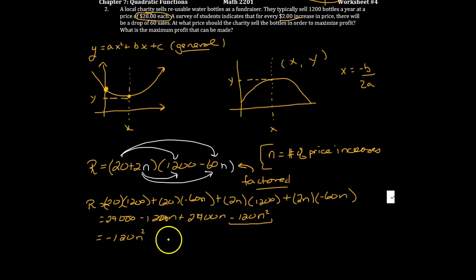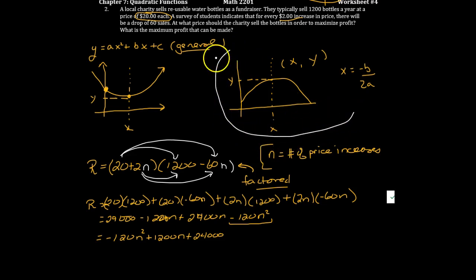Negative 1200n plus 2400n is 1200n, plus 24,000. So we have our quadratic function. And it is negative, which means it's a situation like we had here. So the graph is going to point down.